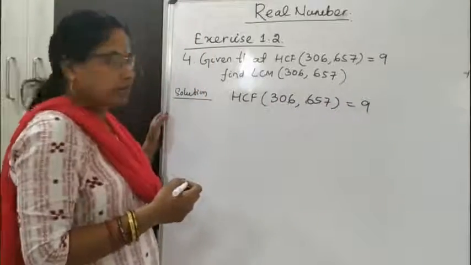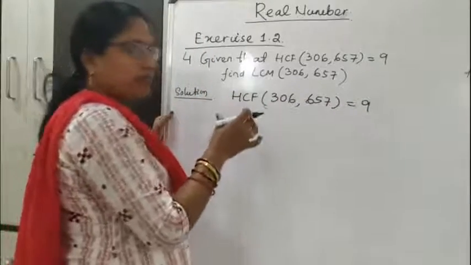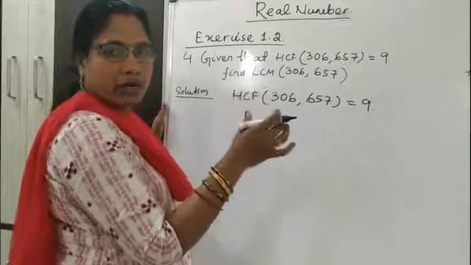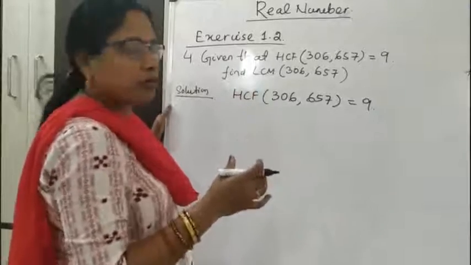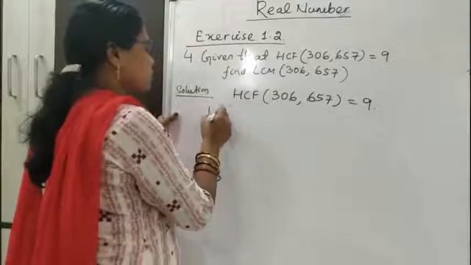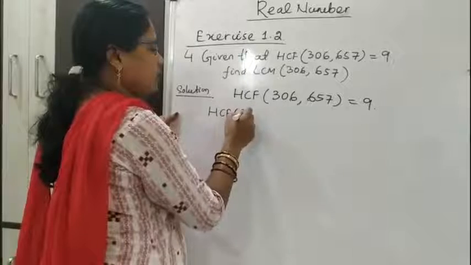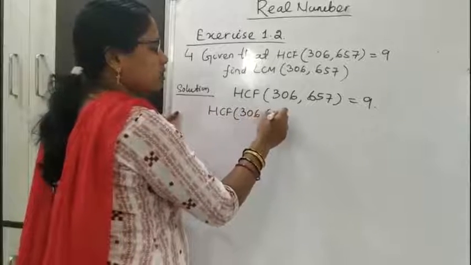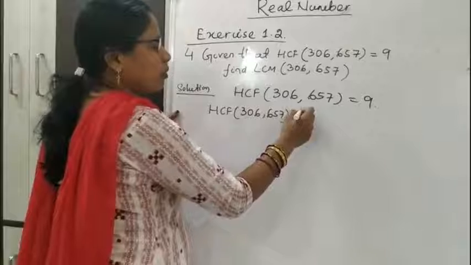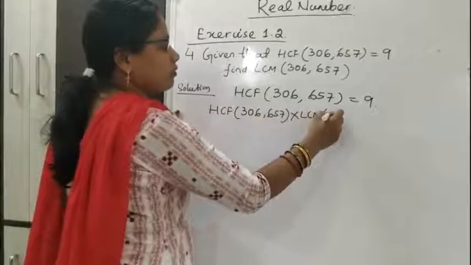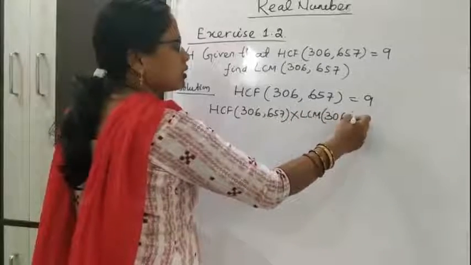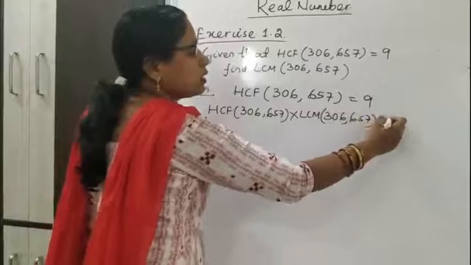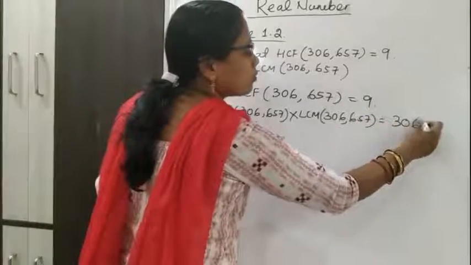We know that the HCF multiplied with the LCM of two numbers is equal to the product of the two numbers.